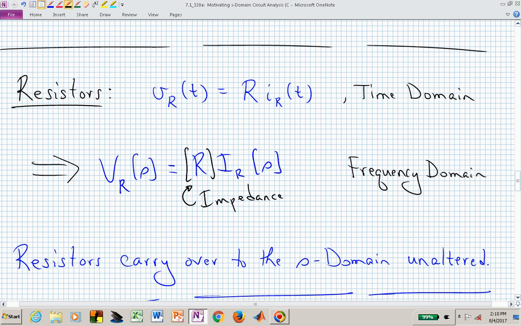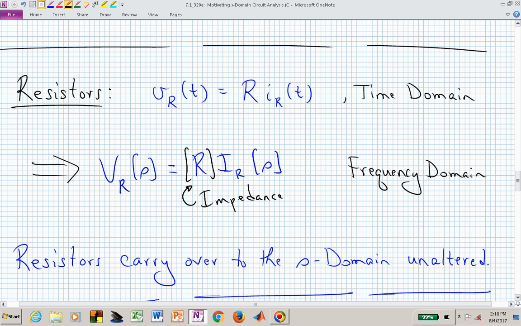There's no frequency variable S that scales the R because the resistors have this direct connection in the time domain, or this linear or algebraic relationship between current and voltage. That algebraic relationship carries over directly into the frequency domain. Resistors then carry over into the S domain unaltered, and we don't have to worry about those.